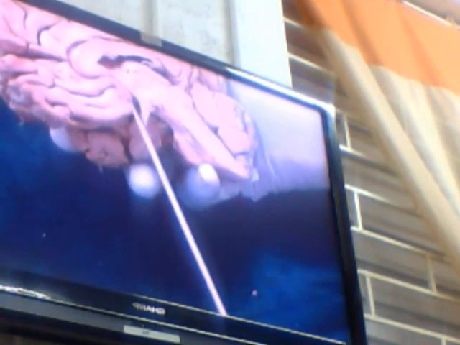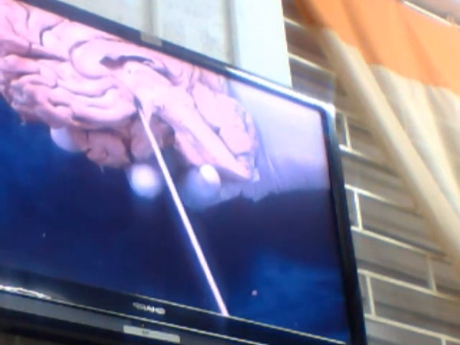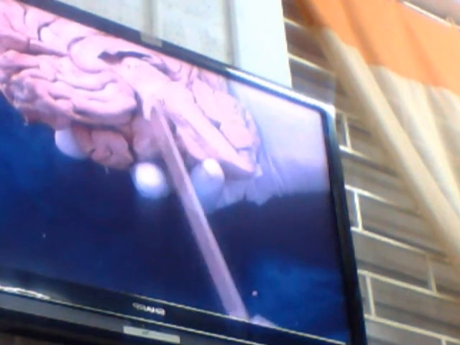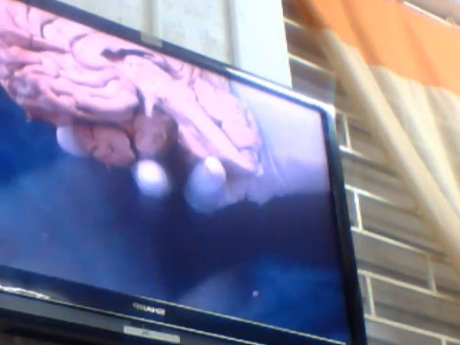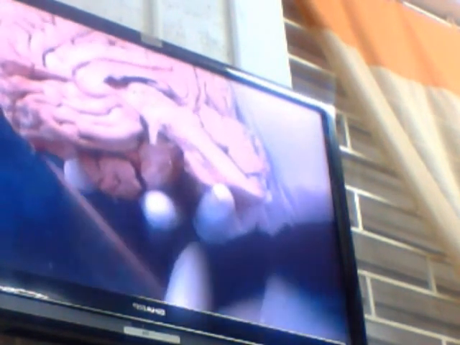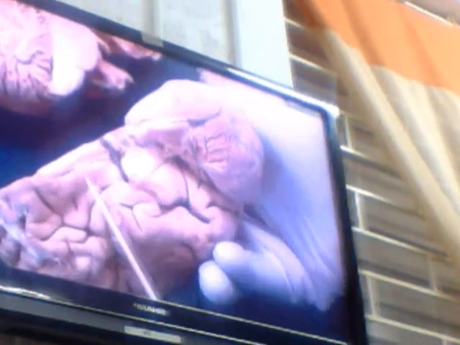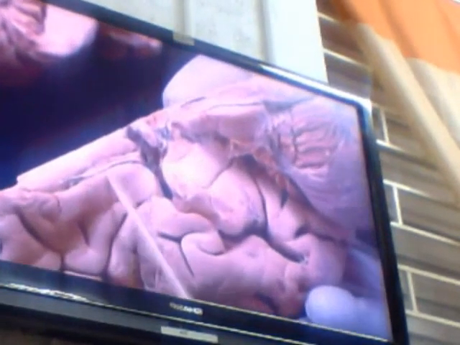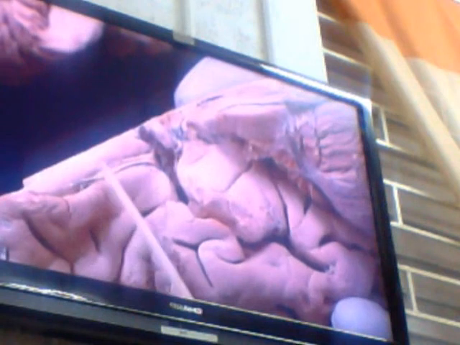And in this area, you're going to find the olfactory nerve, olfactory tract, olfactory striae. If you look, I'm just turning it on the side right there, and you can see something related to the olfactory nerve.